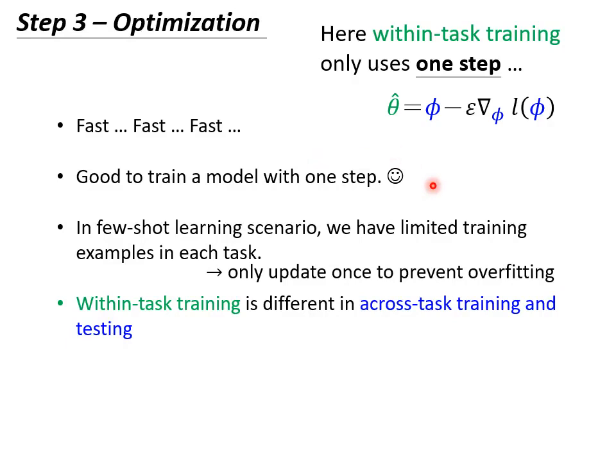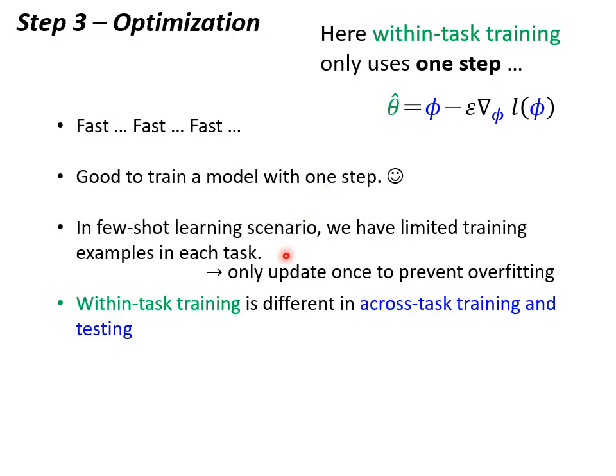The second reason is, isn't it a good thing to train a model with only one step? Probably with a one-step update, we can find very powerful initial parameters such that only one step is sufficient to achieve the final result. Perhaps phi can be so powerful that only one step can achieve theta hat.